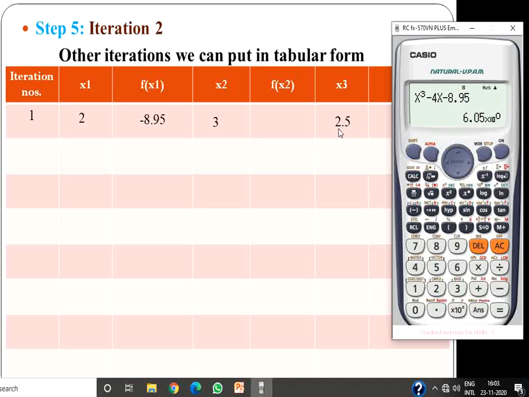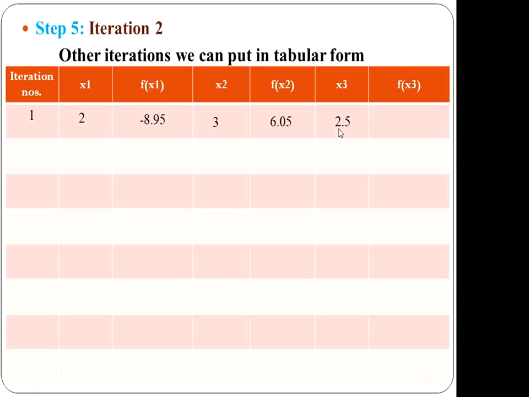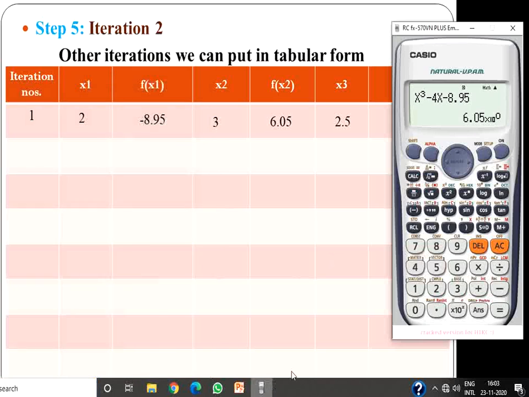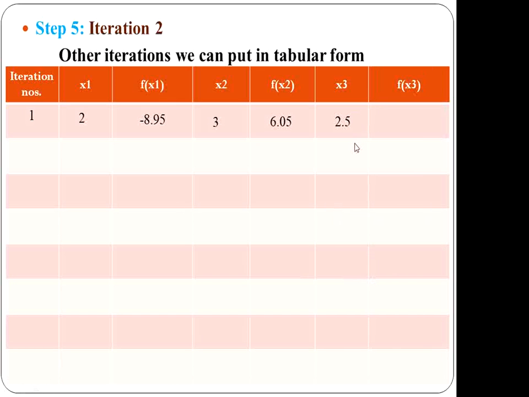Similarly for 2.5, again you say equal to, and I get the answer, minus 3.325. So by using the calculator you will get all these values in the first iteration. In the second iteration, now how to replace the guesses?